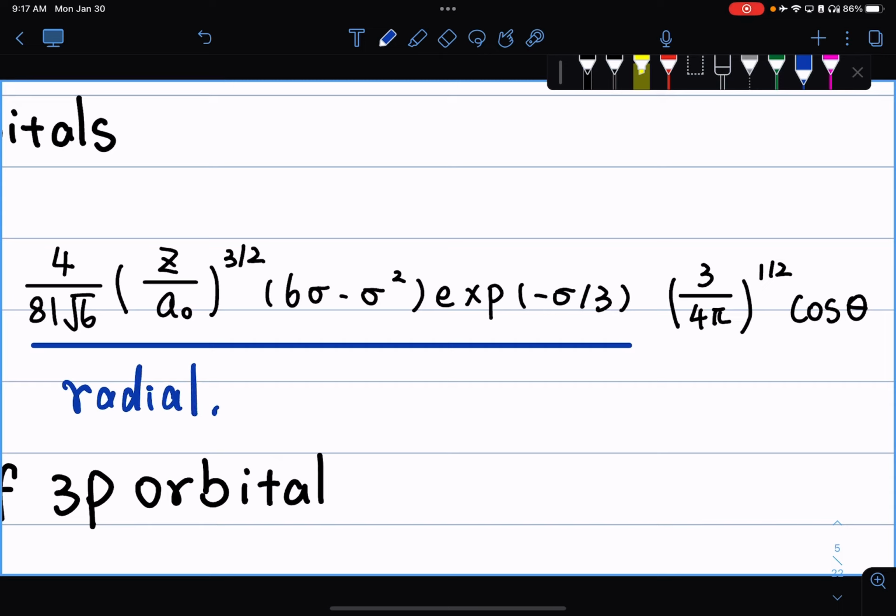And by just looking at these equations, where sigma is basically just your atomic radii, what we find here is we have the 6 sigma minus sigma squared term. So what it means is that when your 6 sigma minus sigma squared equals 0, or when your sigma equals 6, you have a radial node.